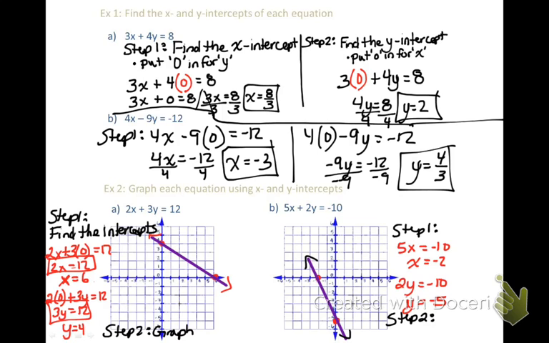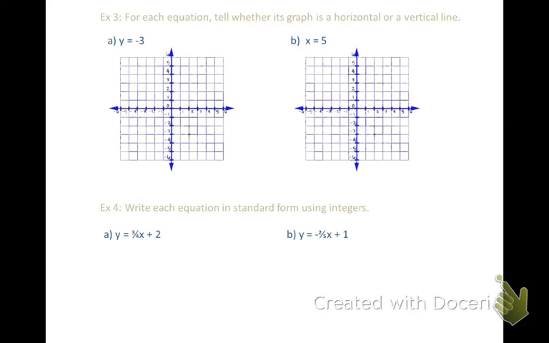All right. Example 3. For each equation, tell whether its graph is a horizontal or vertical line. First of all, you're going to graph it. So, you're going to find negative 3. Notice it says y equals negative 3.